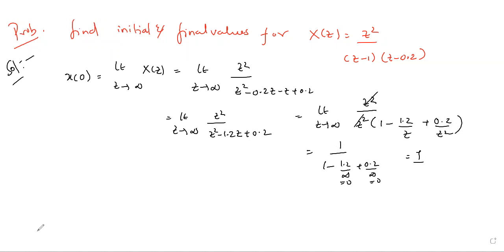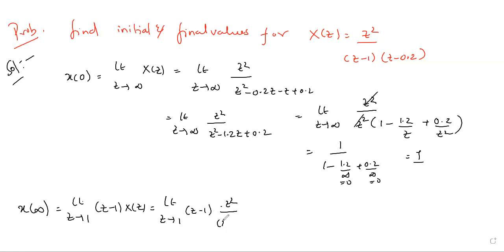Same as that, we can also find the final value x of infinity. How to find it? Limit z tends to 1 of z minus 1 into x of z, where x of z is z square by z minus 1 into z minus 0.2. The z minus 1 will get cancelled.